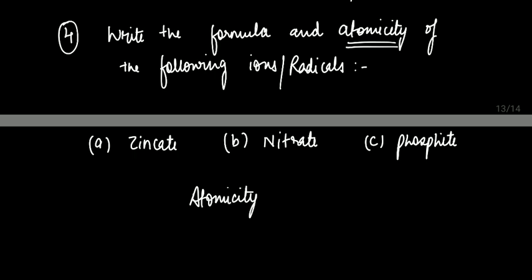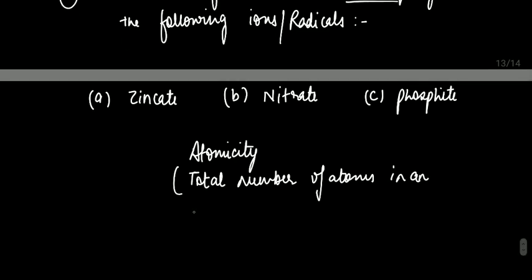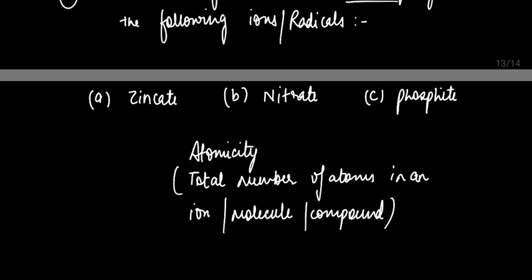So atomicity is the total number of atoms in an ion, molecule, compound, anything. It's a total number.